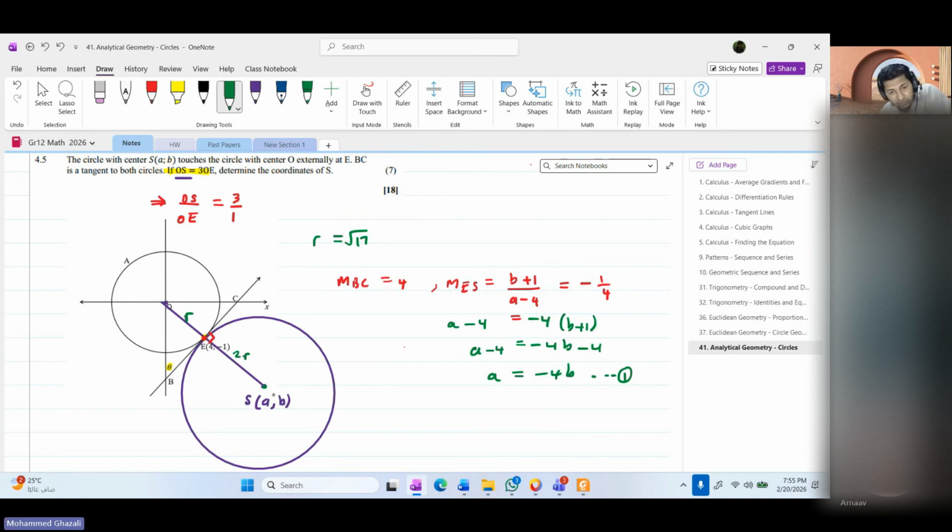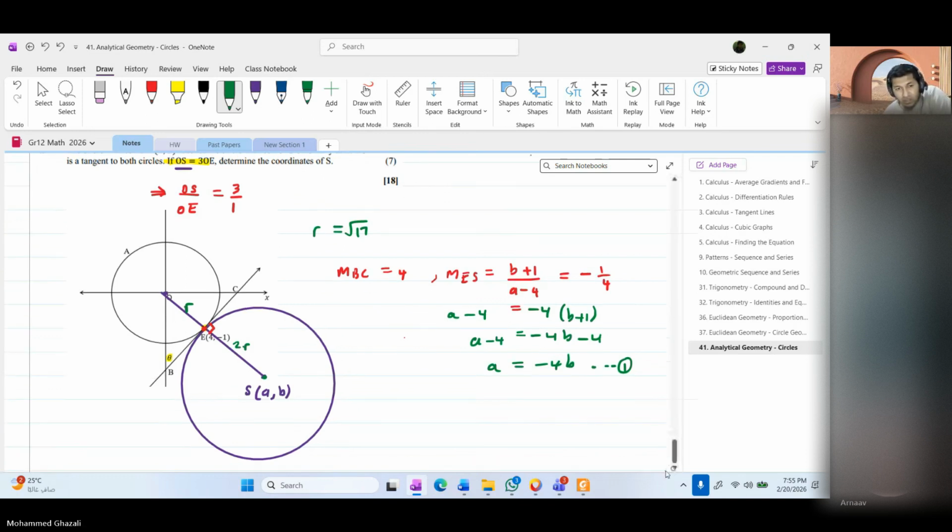I would use the distance formula for 2r, right? I will use the distance formula. If I want to calculate ES, remember r is root 17. What is 2r? 2r is equal to 2 root 34. So I need that part in here. So let's write it out.